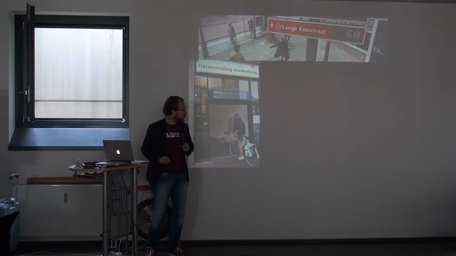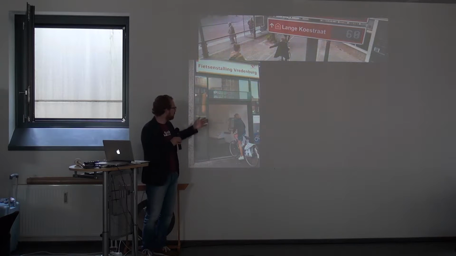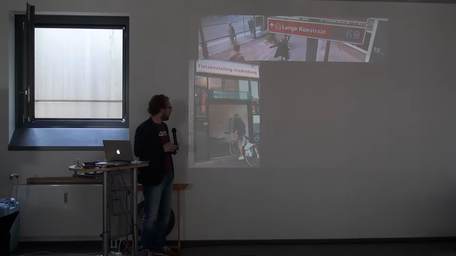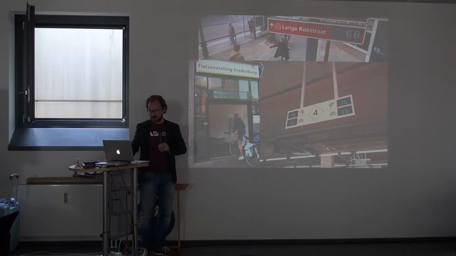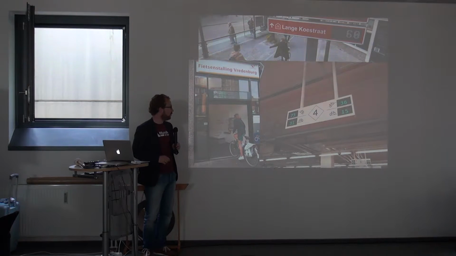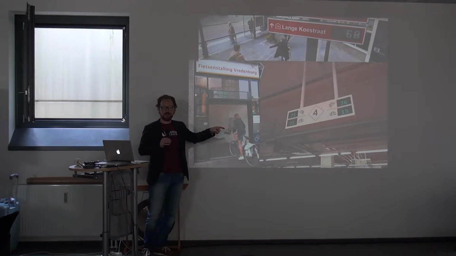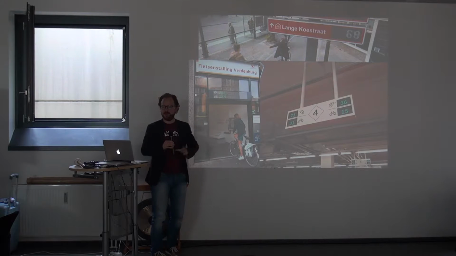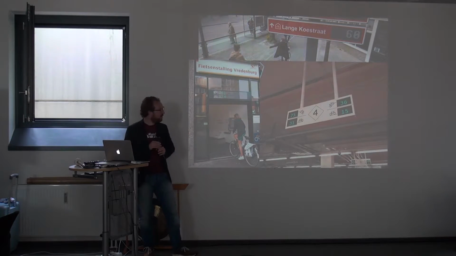We also have entrance displays that show how many places there are in that facility, and even inside facilities we guide people to available space. These things are not running Haskell yet, but they will be in some time. But we develop these things ourselves.